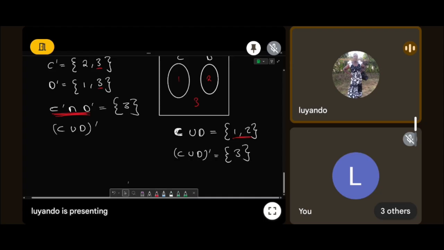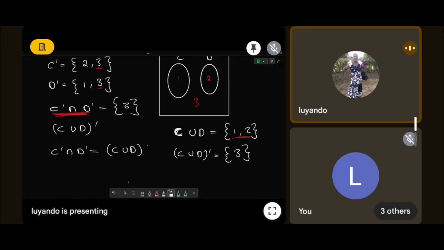So in this case C complement intersection D complement equals C union D inside brackets, complement. It cannot be simplified to any other thing apart from this.